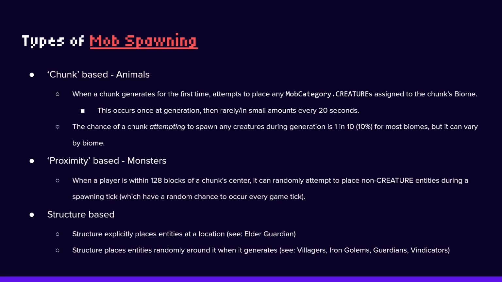Structures can either explicitly place an entity at a location, like an Elder Guardian is placed inside the chambers of a Guardian Temple, or it can randomly spawn entities around it, like the way villagers and Iron Golems spawn in a village, normal Guardians spawn around the Guardian Temple, Vindicators inside of a woodland mansion, that sort of thing. That link there is a really good reference on how spawning works in Minecraft. Do recommend giving it a read.